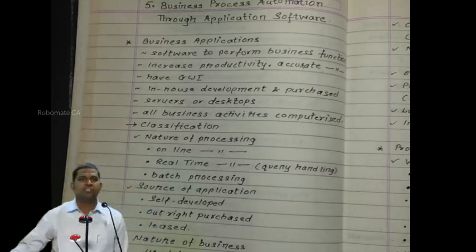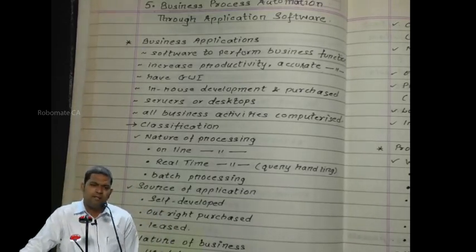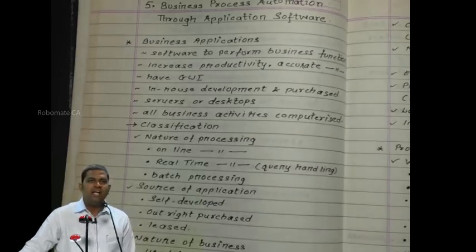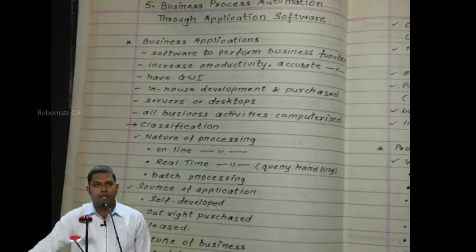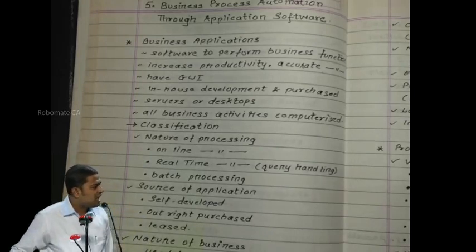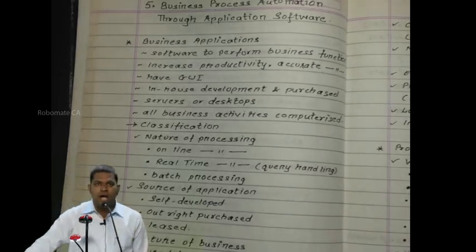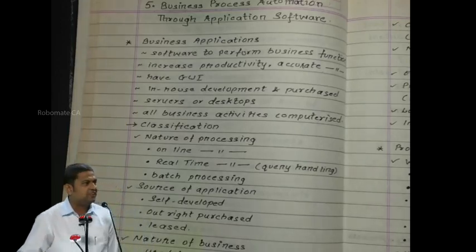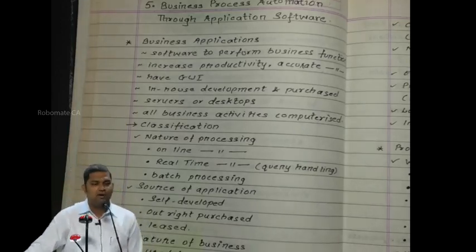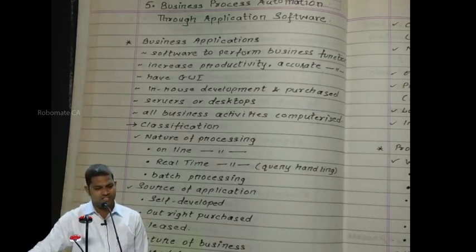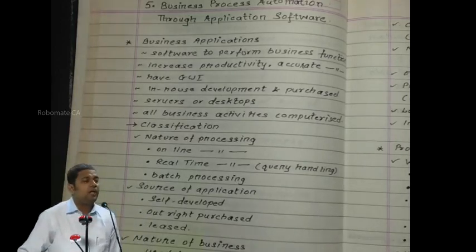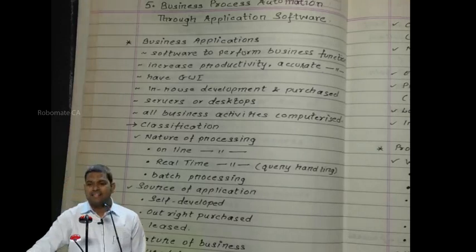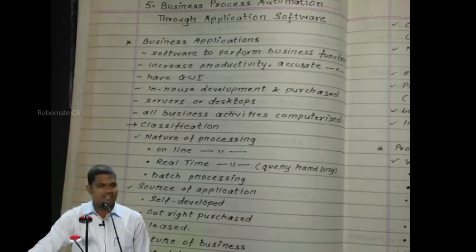Business functions start with raising of capital. Until and unless I have capital, how am I supposed to start a business activity? That's why I require capital, finance. We always say finance is the lifeblood of each and every business. After that, we need to procure some assets. I'm talking about fixed assets.